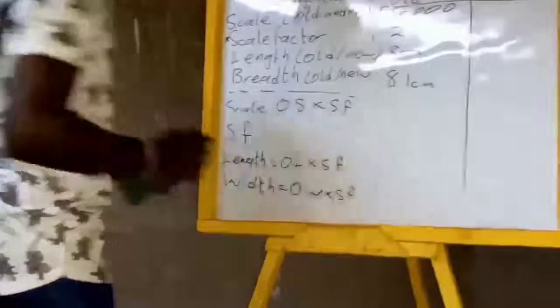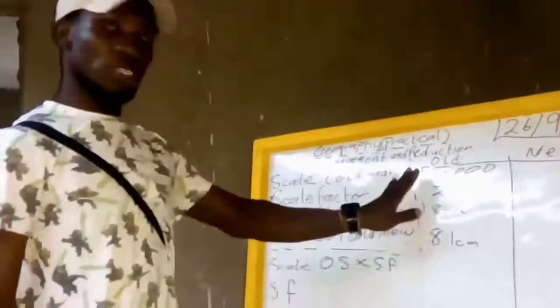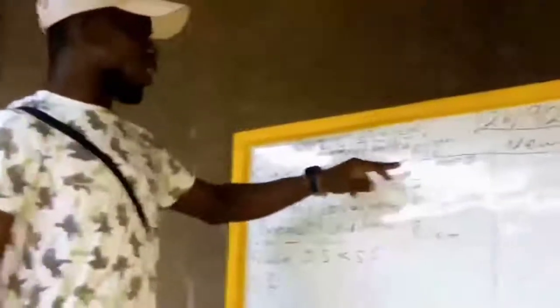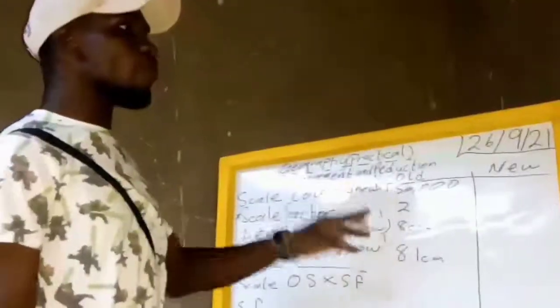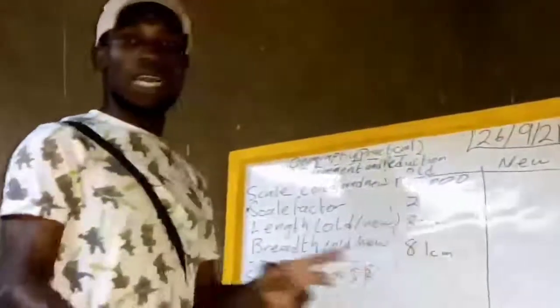As simple as that. But in case you are not given the scale factor, here you've been given the scale factor, so everything is good. We can move on from here. You don't need this. But then in case you are given the old length, the old scale and the new scale, and then you've been asked to determine whether the map has been enlarged or reduced, you need to find the scale factor first.